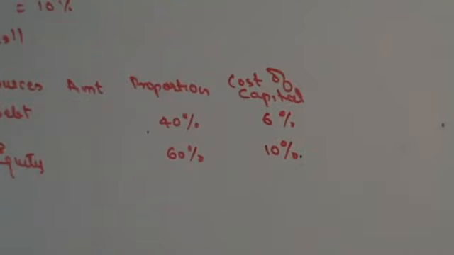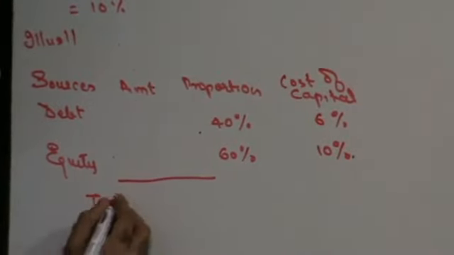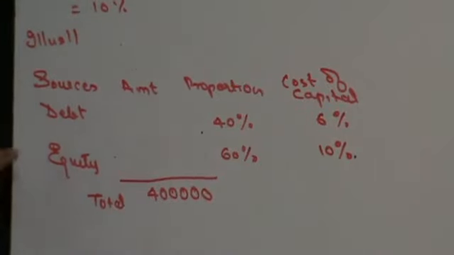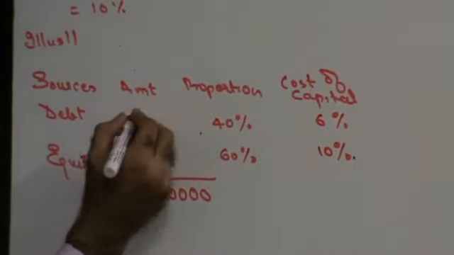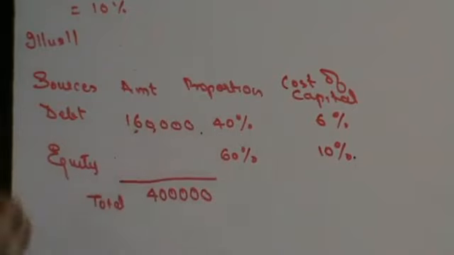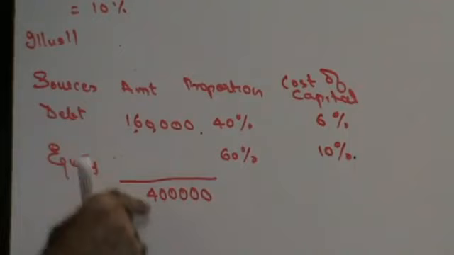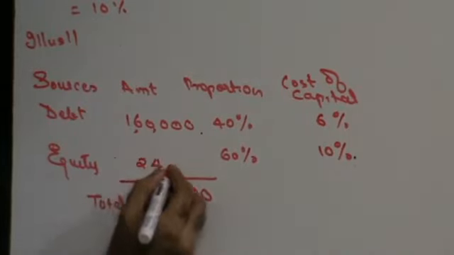The firm is considering an investment proposal of 4 lakhs. The total investment that you will be making is 4 lakhs. So in terms of amount, 4 lakhs into 40% will give you 1,60,000, and 4 lakhs into 60% will give you 2,40,000.